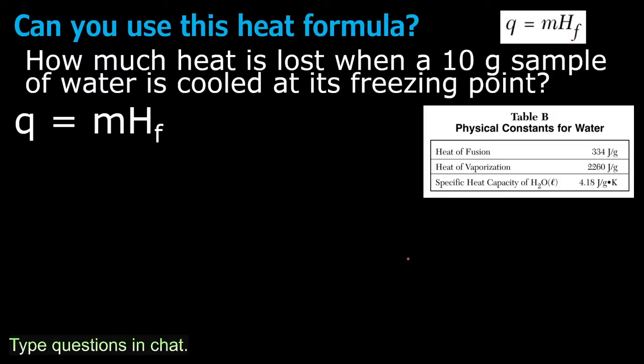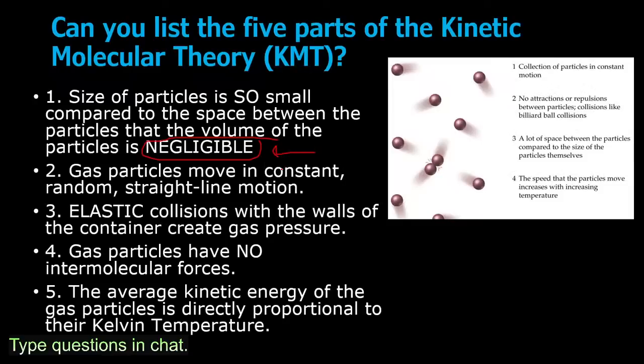The particles are moving in constant, random, straight line motion. They have elastic collisions with the walls of the container, and that means that no energy is lost or gained during any collision. So the total amount of energy inside the sample remains the same 100% of the time. In addition, the collisions result in gas pressure, which we'll address again in a little bit.